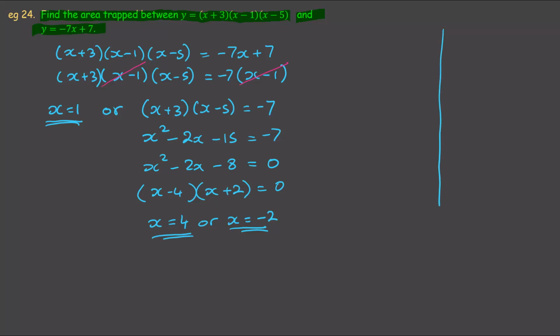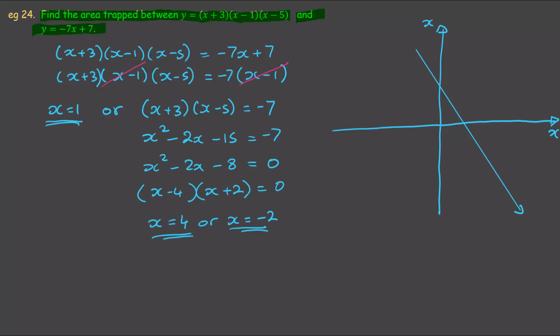So what would this look like on a graph? Negative 7x add 7, well that's going to go something like this.